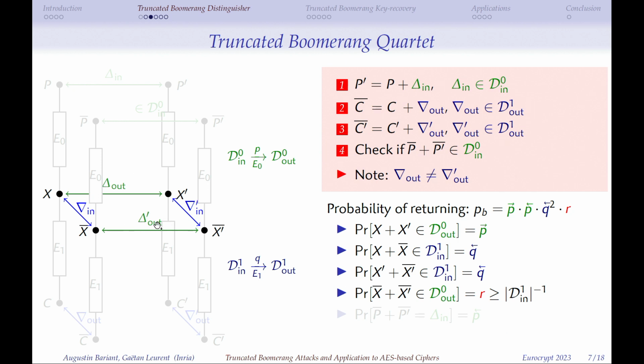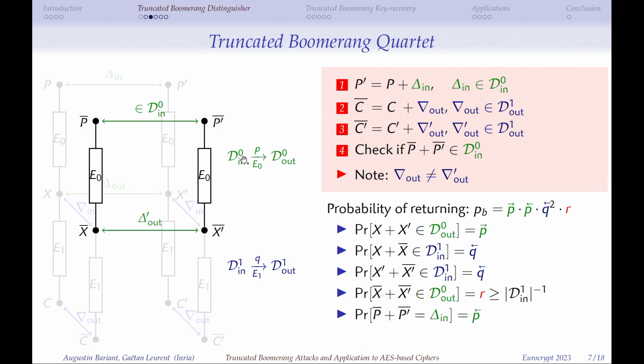We denote this probability R, and in general, if you have vector spaces, you can compute it as the intersection of some vector spaces. But in all our applications, we found out that the only case where this works is if nabla in is actually equal to nabla prime in. Because then you just have delta prime out equal to delta out, and then of course it's in the set, because delta out was in the set.